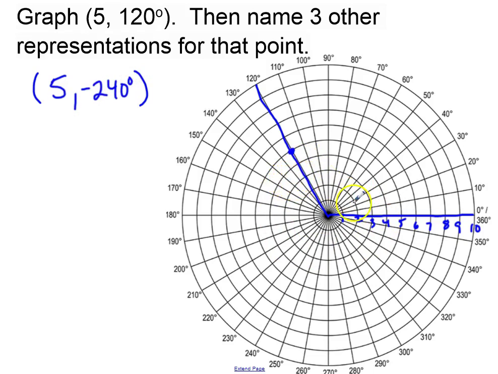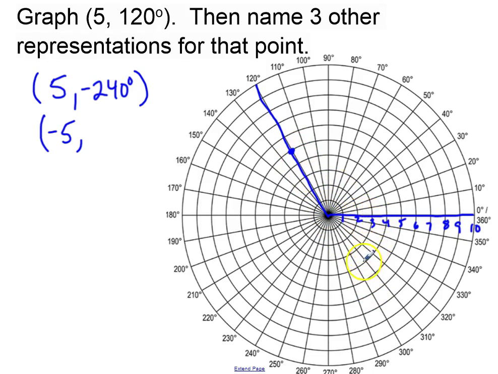I suppose we could also have some negative radii. So think about what that would be. What if I had negative 5 as the radius? Well, that would mean that my angle is actually on the other side here. So think about a couple different ways to get over on the other side here and then reflect across the pole.